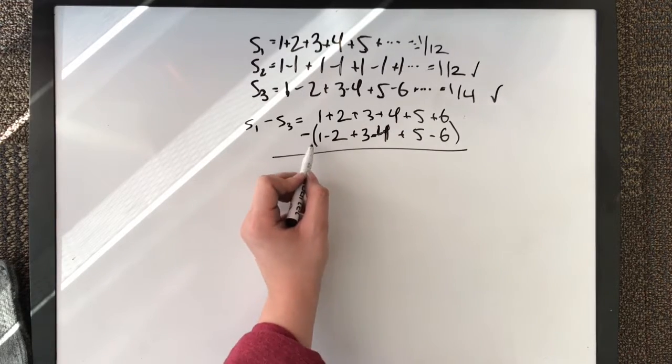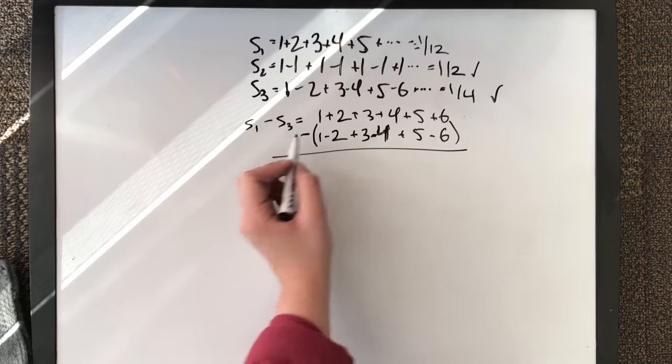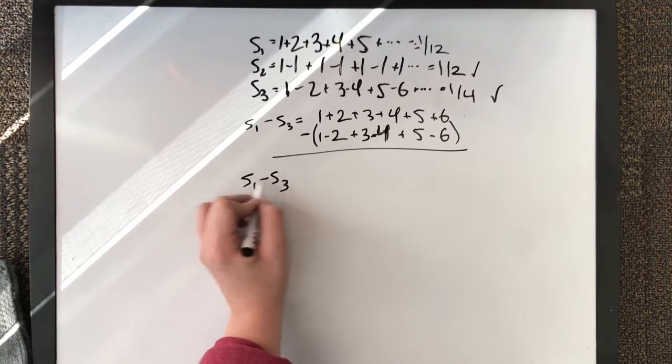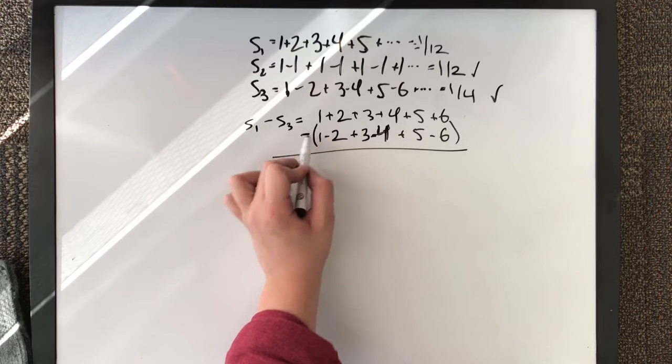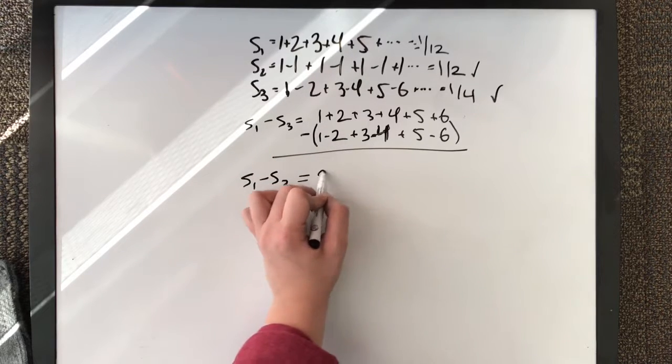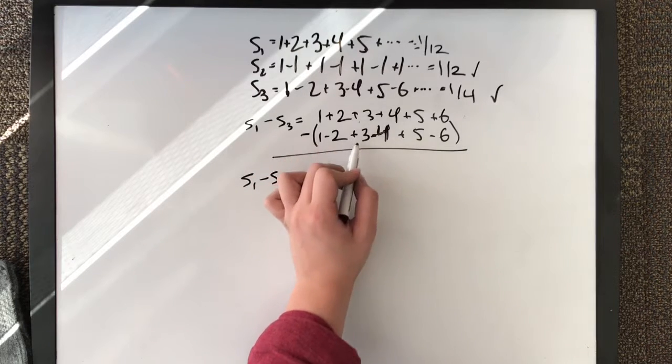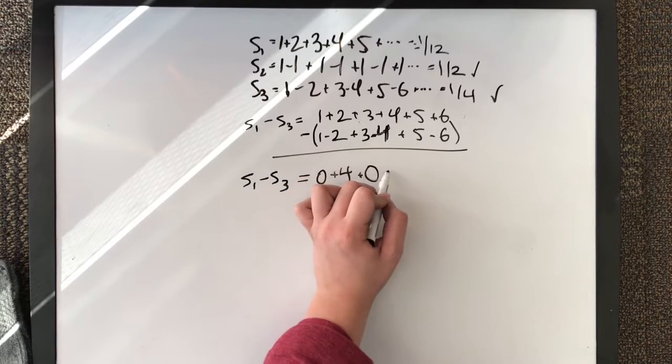And when we do that, this negative sign distributes, so all the signs in here are going to flip. So we have series 1 minus series 3 is equal to 1 minus 1, which is 0, 2 plus 2, which is 4, 3 minus 3, which is 0.